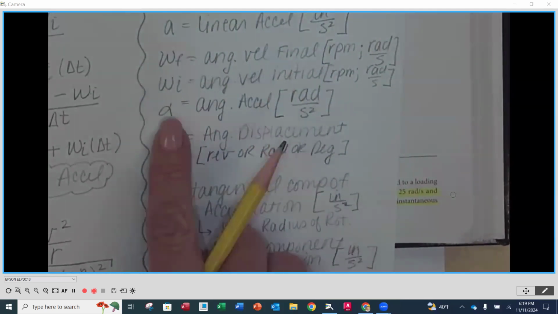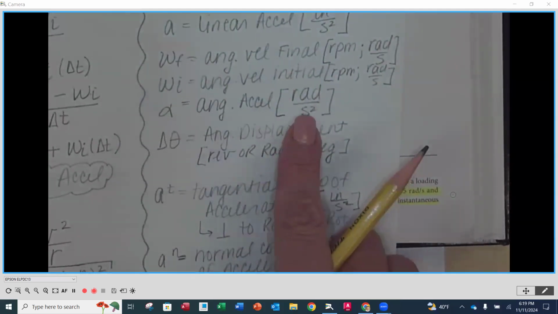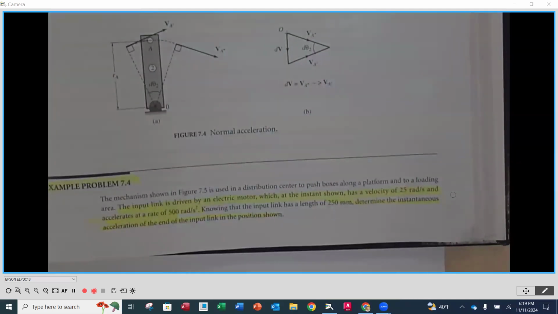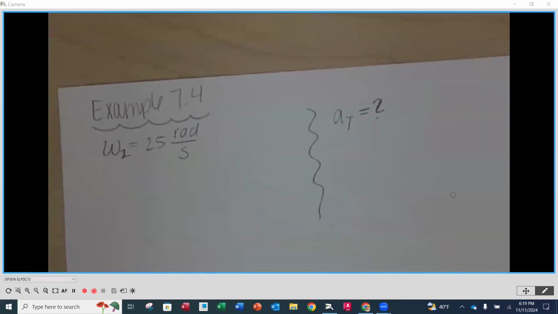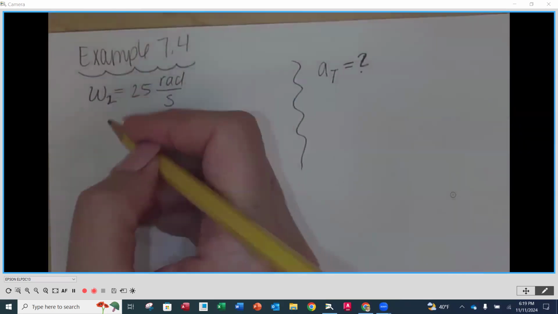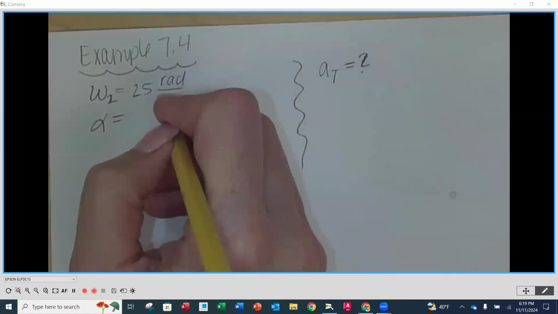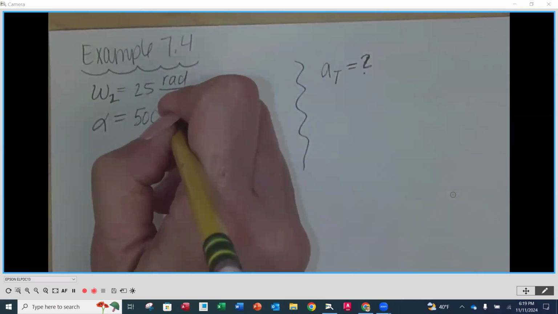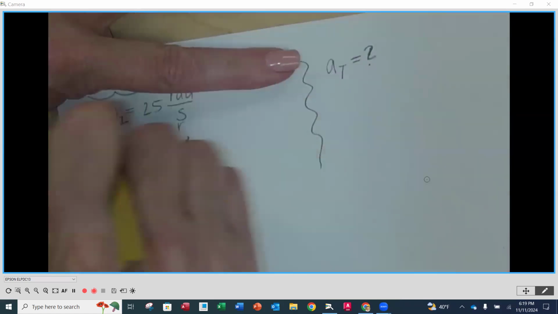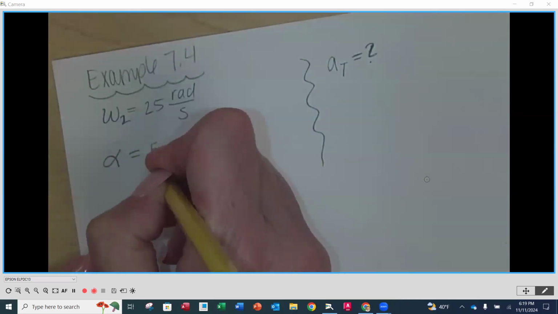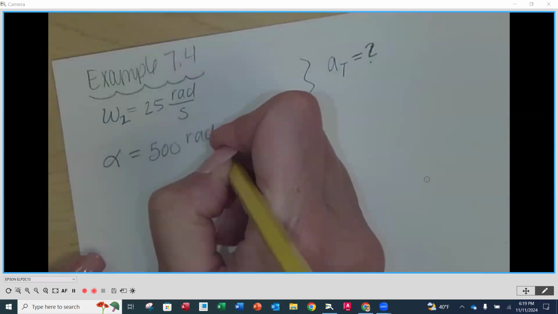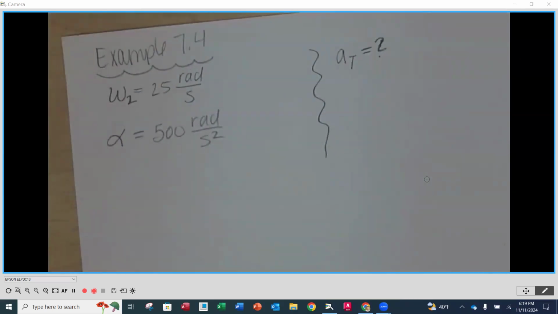So be careful. Alpha is radians per second squared. So that's angular acceleration, so alpha is equal to 500 radians per second squared.